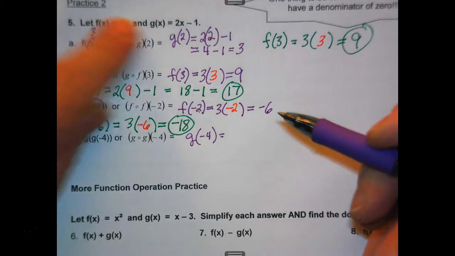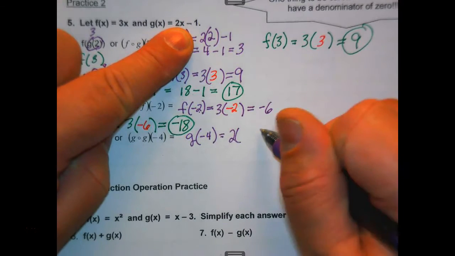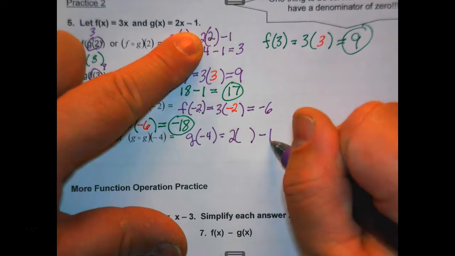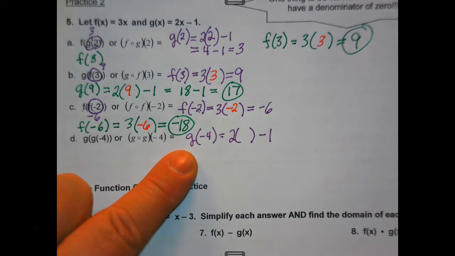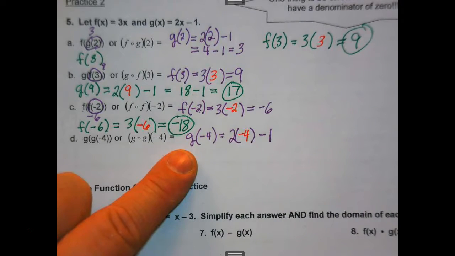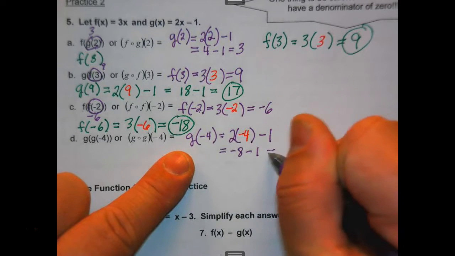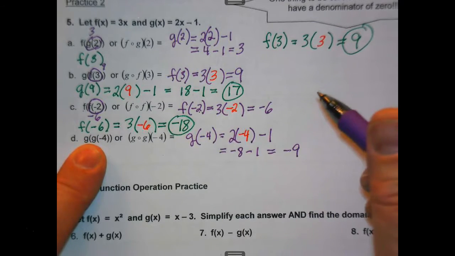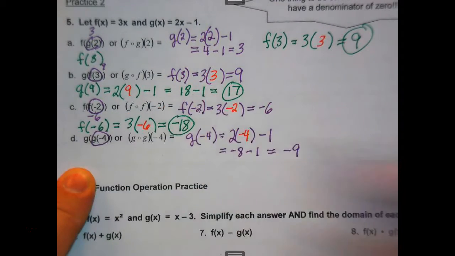Okay, the g function is 2 times x minus 1. Okay, my x is negative 4. So I get negative 8 minus 1, which equals negative 9. So my g of negative 4 is negative 9.